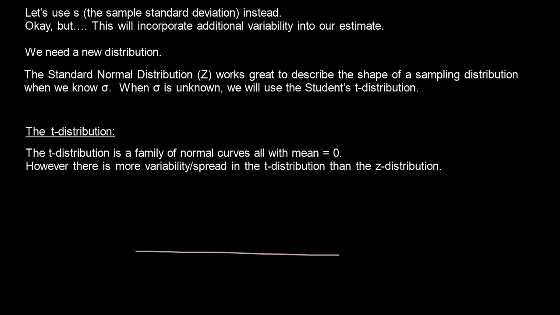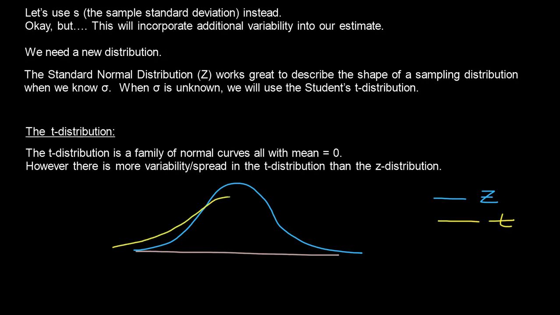If you have the standard normal distribution here in blue, I'm going to call that Z. And in yellow, I'm going to draw one particular example of a t-distribution. A t-distribution is going to have more variability, so there's going to be more area in the tails.